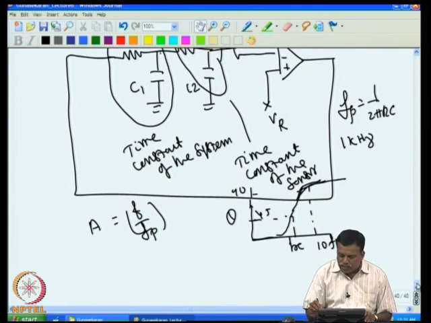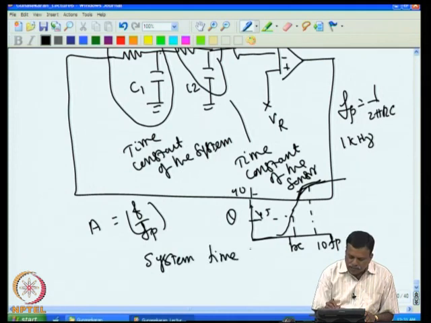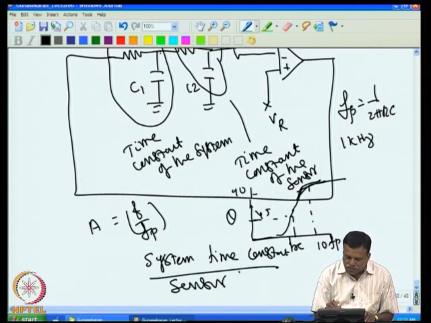I will show you that for the gain, I find the system time constant divided by the sensor time constant. I find the ratio between these two.